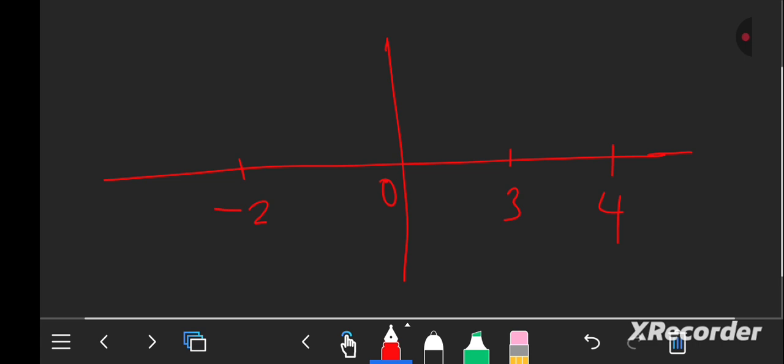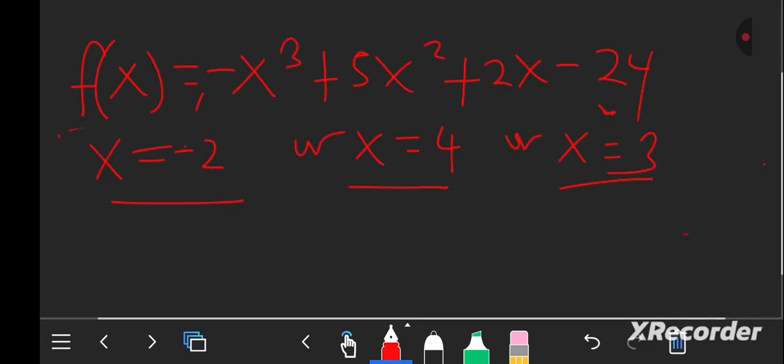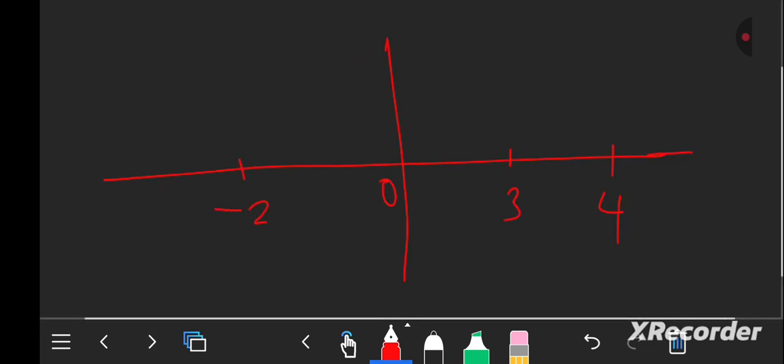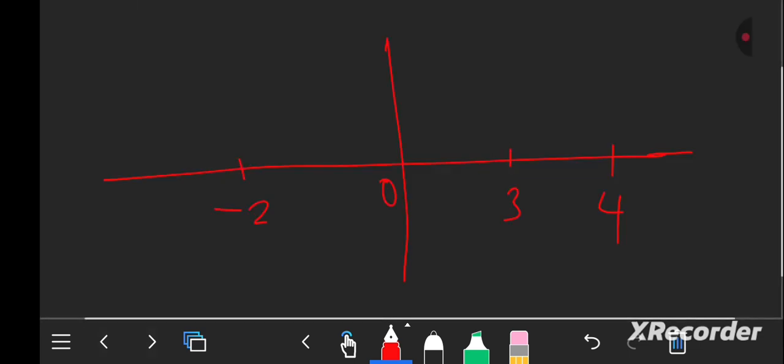The graph of the polynomial will be guided by the constant, which is -24. This constant will guide you whether the graph will start from -2 going down or going up. We have -24 there. That is where the graph crosses the y-axis. Mind you, indicate the axes as x and y.